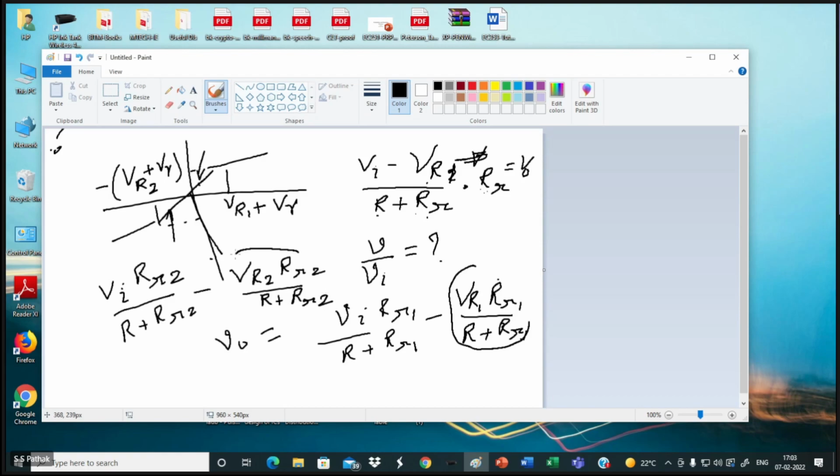So this becomes the offset, and this is your slope, RR2 by R plus RR2. If it is very large, the slope becomes 1, so that's why we approximate the slope as 1. This is also put as a constant, that means the slope becomes 0, because your forward resistance is very, very small. So it is almost touching 0, and the slope becomes 0. So that's how it is working.